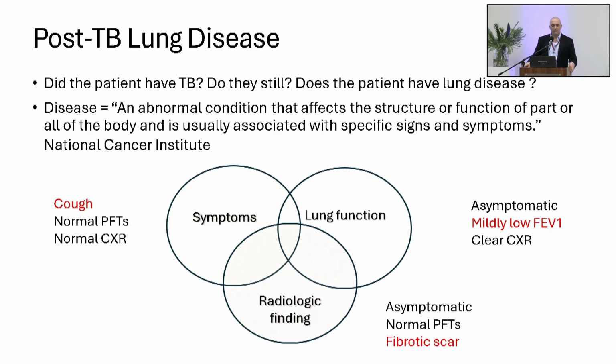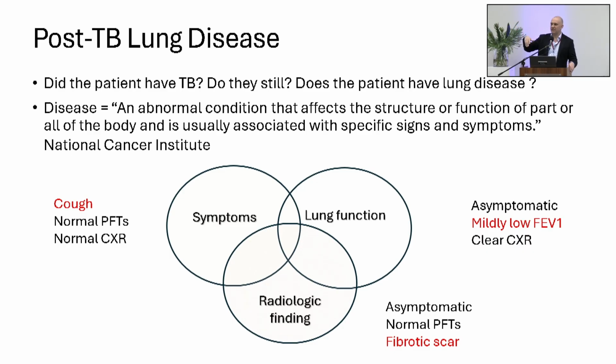And I think one of the key things we really wanted to think about was, are we studying actual disease? We think about the National Cancer Institute definition of disease. It's defined as an abnormal condition that affects the structure or function of part or all of the body, and this is a key point, and is usually associated with specific signs and symptoms. So it's kind of multiple things. If you think about PTLD, let's say a patient had an FEV1, just for ease of interpretation, of 75% predicted.